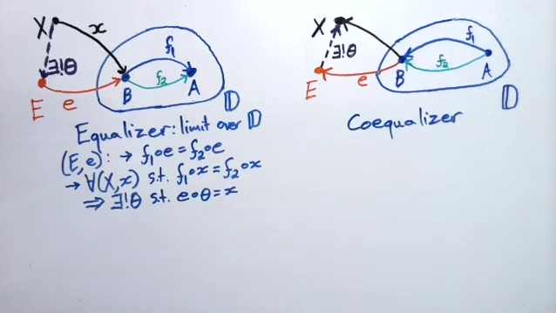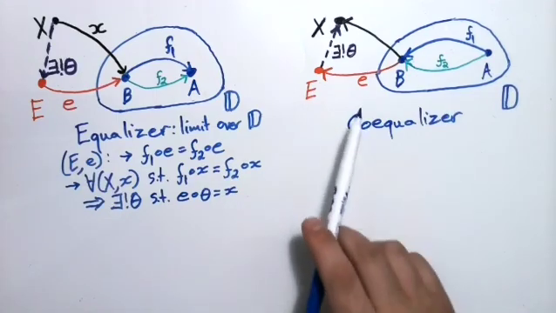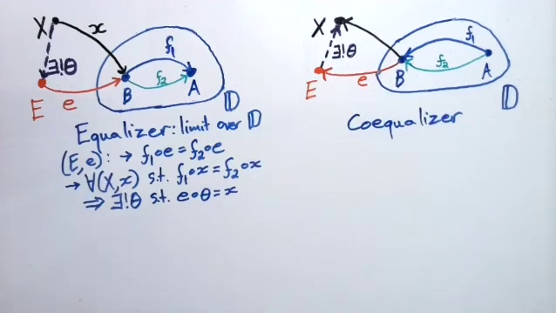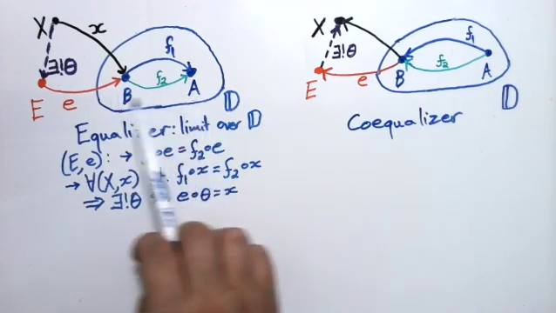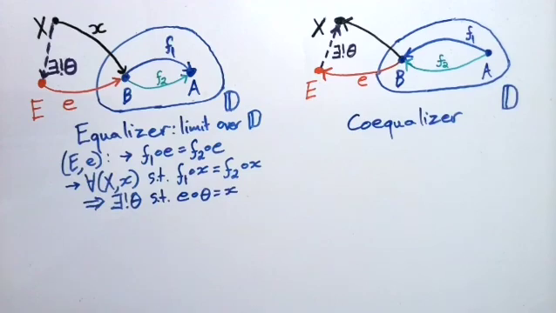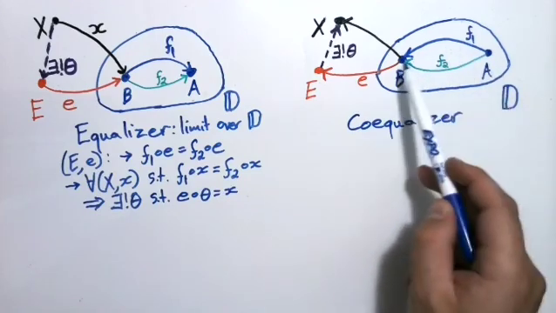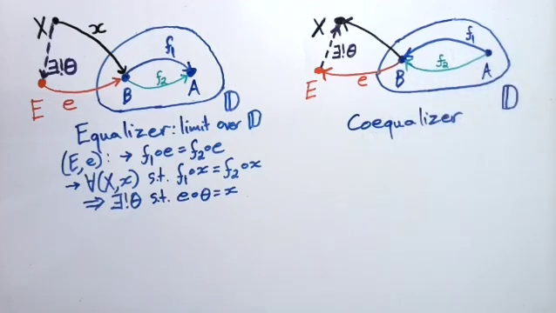So now to get the coequalizer, which is of course the dual concept to the equalizer, we need to do what we always do to get the dual, which is to flip every single arrow or morphism in the situation. In this case, we have the parallel morphisms going from B to A, so in our case, we need the parallel morphisms going from A to B. We flip those two arrows. But then we also need to flip the arrows out here.